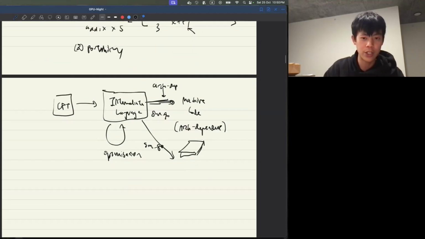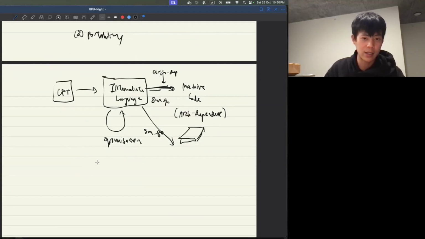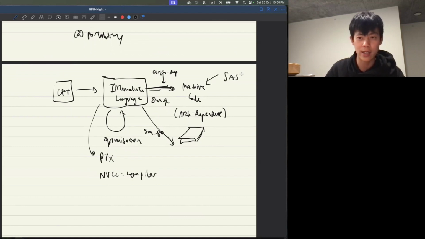And just to make it clear, in CUDA, nvcc is the compiler. This intermediate language is what we call PTX. And this machine code is what we call SASS, or streaming assembly. I have no idea what PTX stands for, and I'm okay with not knowing that for now.